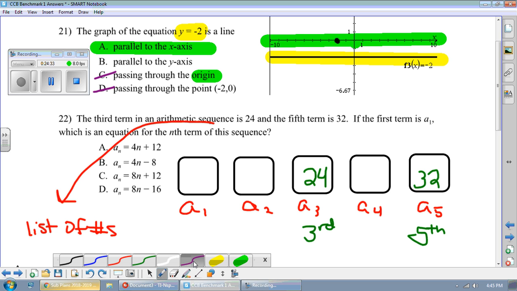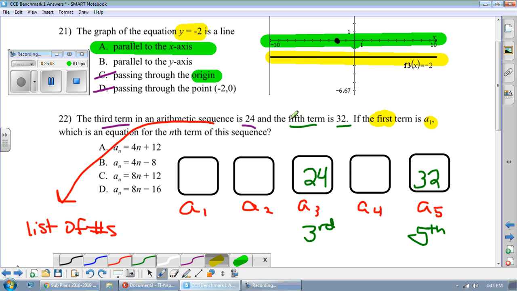So we're told that the third term in an arithmetic sequence is 24, and the fifth term is 32. If the first term is called A1, so first term, hence the 1, which is an equation for the nth term of this sequence? So I made this a little more visual, and I put these little boxes here to represent the 5 different numbers.